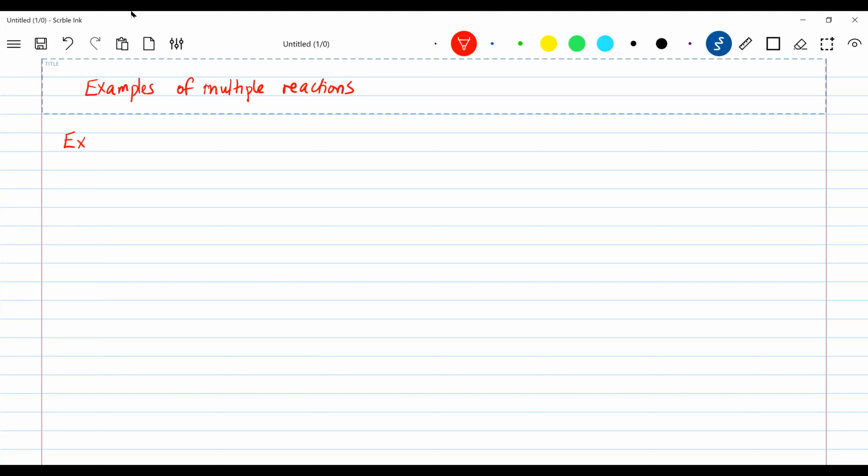So let's see, example, semi-batch. And the statement is that there are two reactions. So we're doing two reactions, but we can do 3 or 4. It just becomes more complicated to derive all the rates.